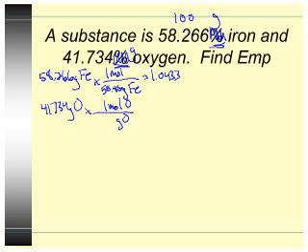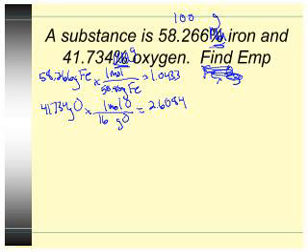Now, because it's O, this is going to be Fe something, O something. I don't use 32 here because I have 1. I want to know how many oxygens I have, not how many O2s I have. So this is 16.00. So 2.734 divided by 16 is 2.6084. Now, oops, I should not have put that there.